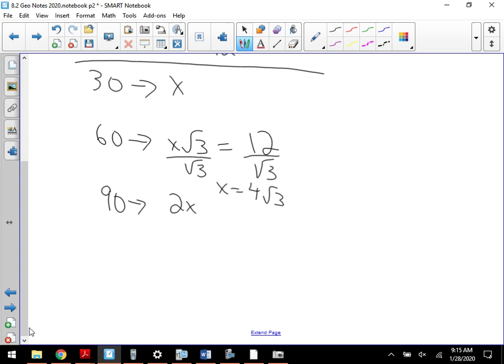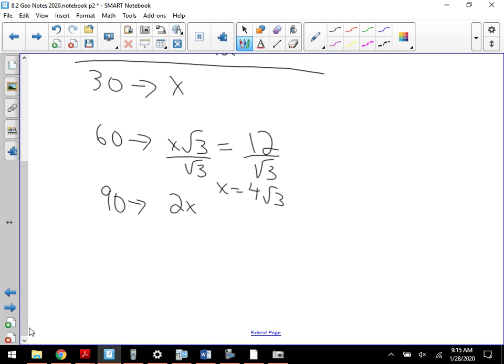If you know opposite the 90, you divide. Okay? So if you know across from a 45, you multiply to get what's across from the 90. If you know across from the 90, you divide to get what's across from the 45. Okay? And it's going to work the same way with the other ones.